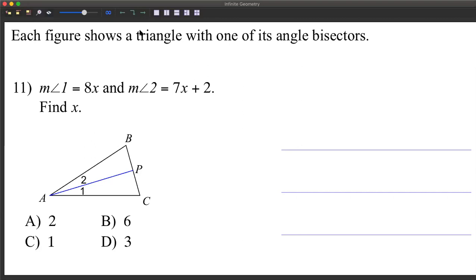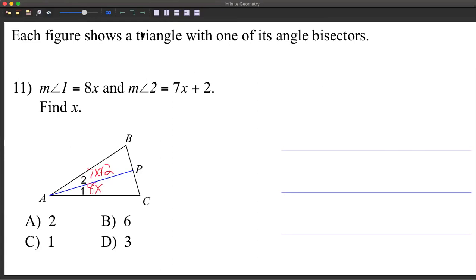If angle 1 is 8x and angle 2 is 7x plus 2, how do I solve this one? Well, remember that angles 1 and 2 are just going to be equal to each other.